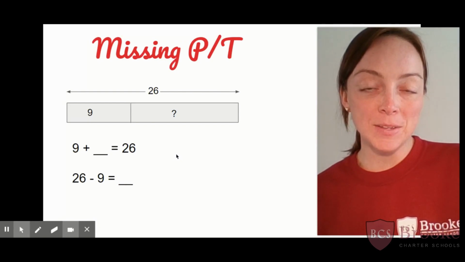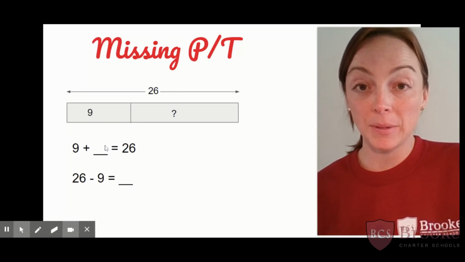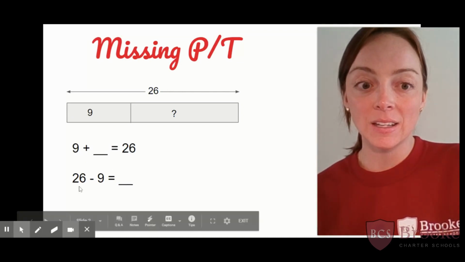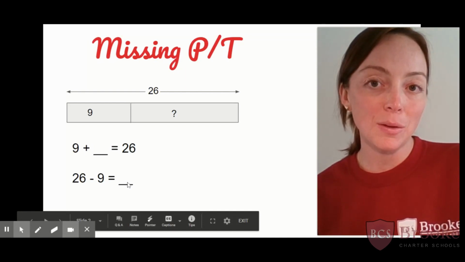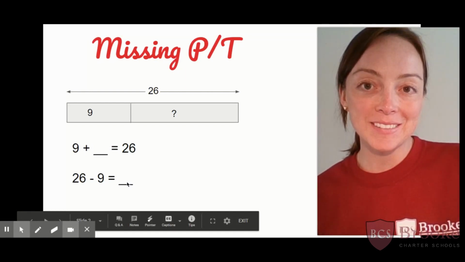We know about fact families, so 2 number sentences we could use to find the missing part would be 9 plus blank equals 26. Or of course our total 26 minus the part 9 equals the other part. Keep working.